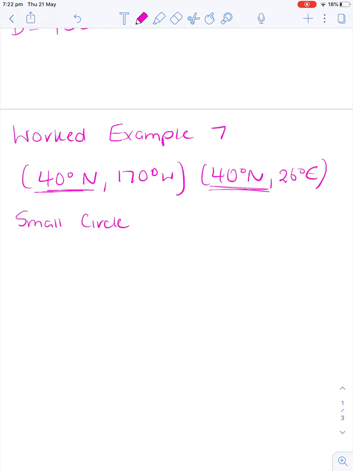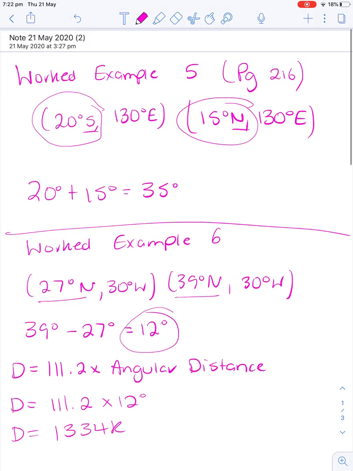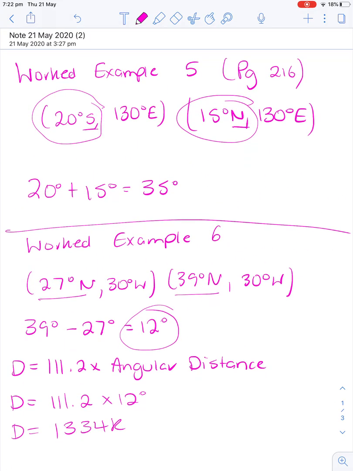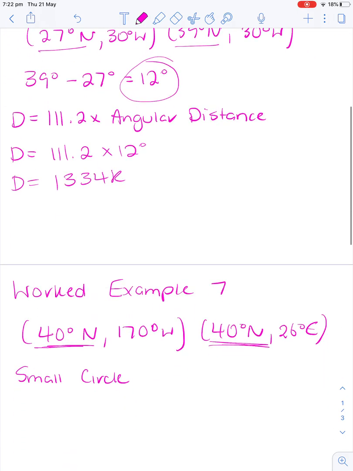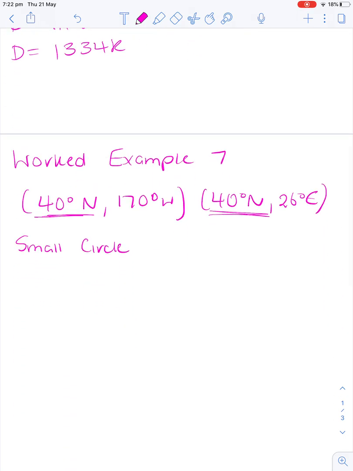So in these previous examples, these two examples that I just went through, they're examples of great circles. This is an example of a small circle, all right, because they're both on the same parallel of latitude. So because it's a small circle, we're now going to look at our longitude, all right, which is 170 degrees west and 26 degrees east.